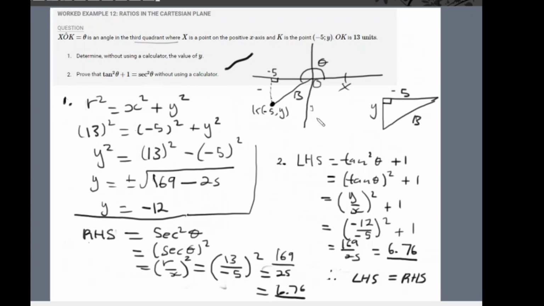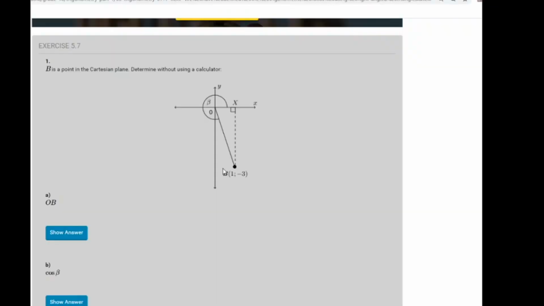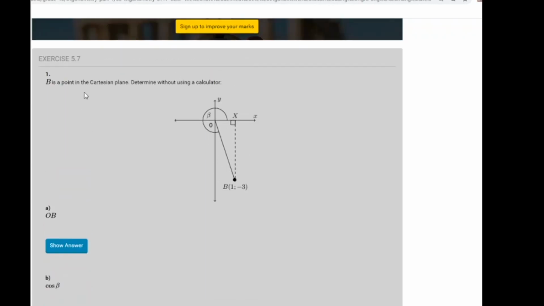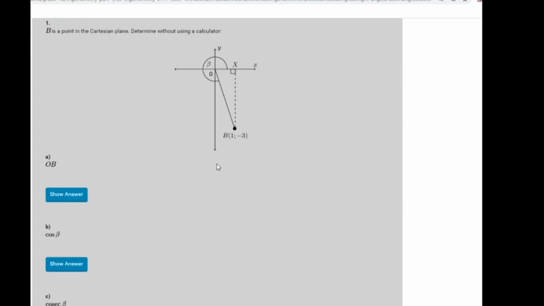Okay, so that is how you solve this question. And then going back to our notes, I'll copy the question and then discuss it.